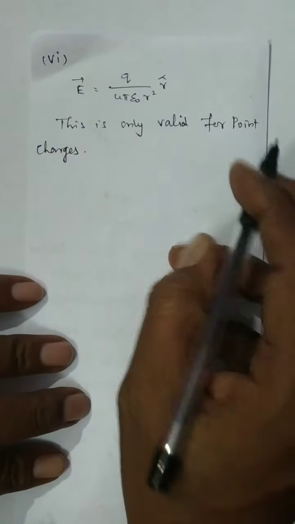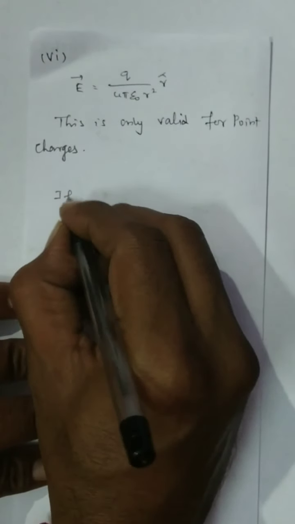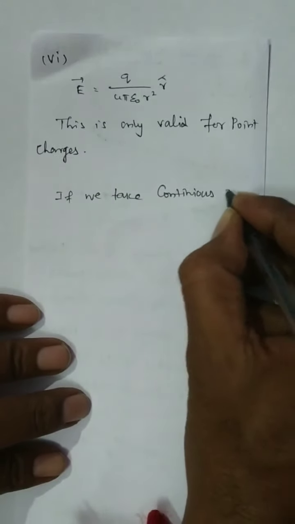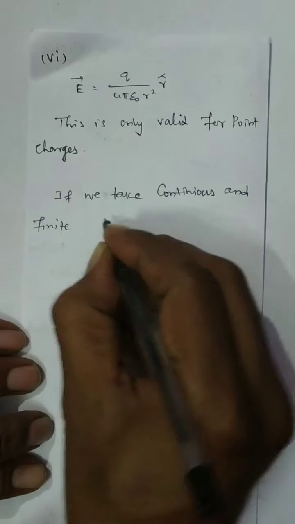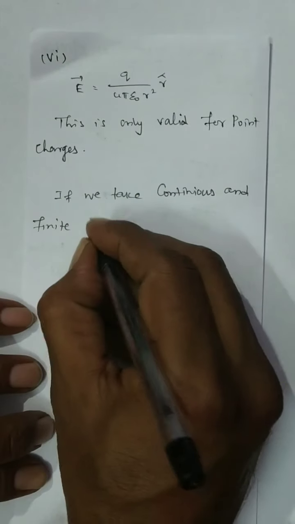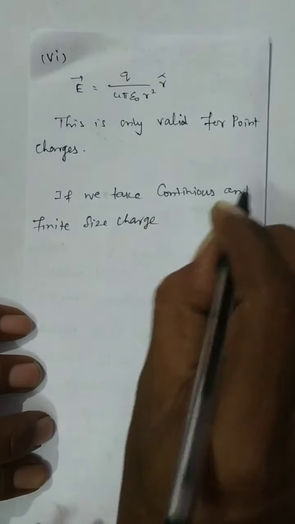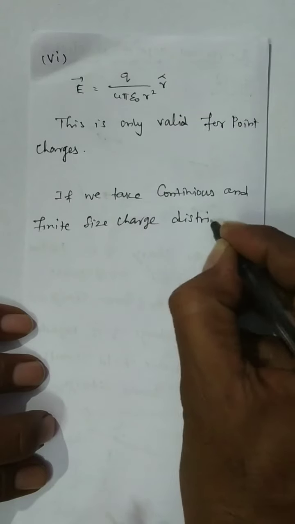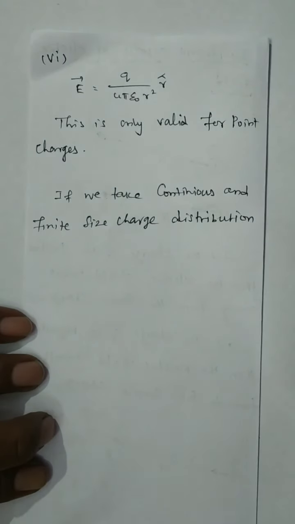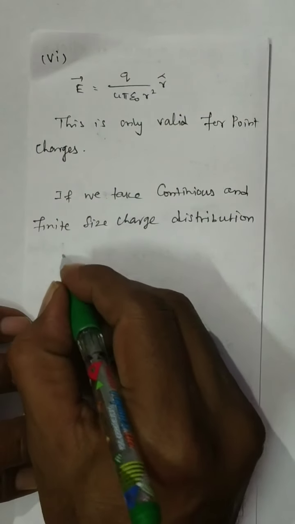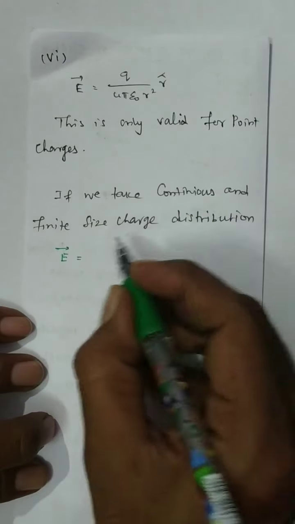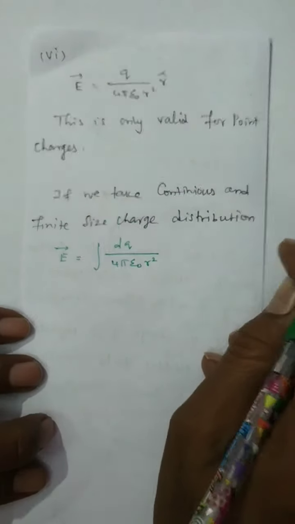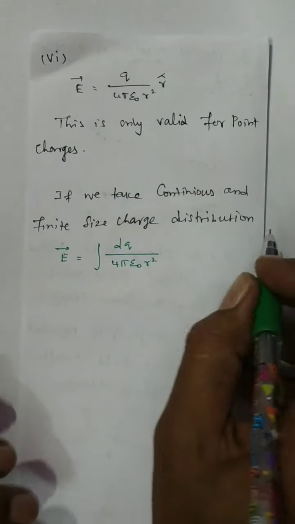If we take continuous and finite size charge distributions, we should use this formula for the electric field: E vector is equal to the integral of dq by 4 pi epsilon naught r squared, r cap.